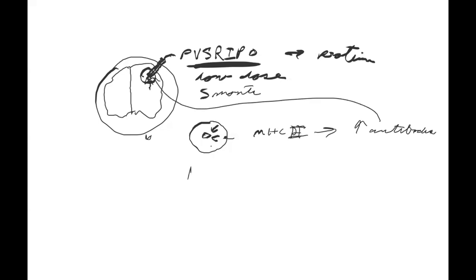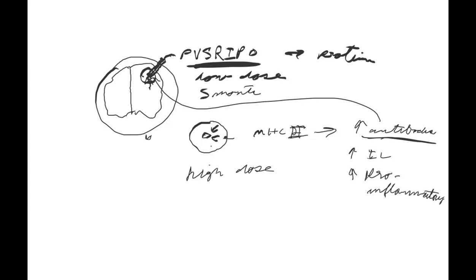In high dose of this treatment, what happens is that it is eliciting antibodies, but it's also eliciting, because it's not just antibodies, you're also increasing interleukins, right? And it's going up in that pro-inflammatory response. All right.